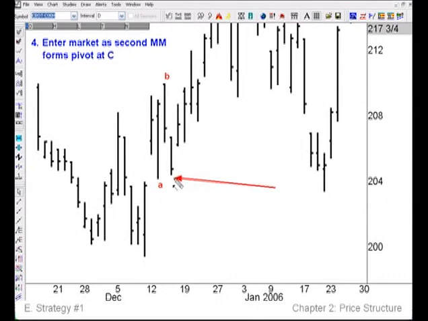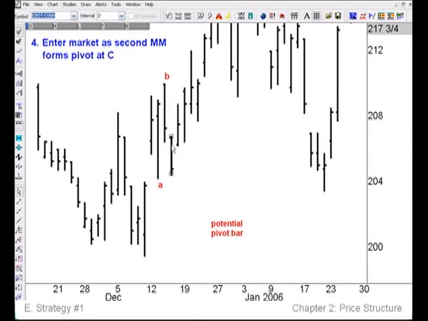Now, the potential pivot bar needs to have a pivot low that is not lower than the previous pivot low, which is A. So this qualifies as the potential pivot bar. Remember, it's not C yet until we see what happens to the following bar. How the following bar reacts and behaves versus this potential pivot bar will determine whether this potential pivot bar becomes the low of C.